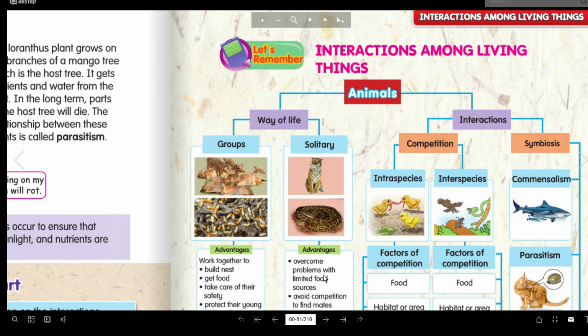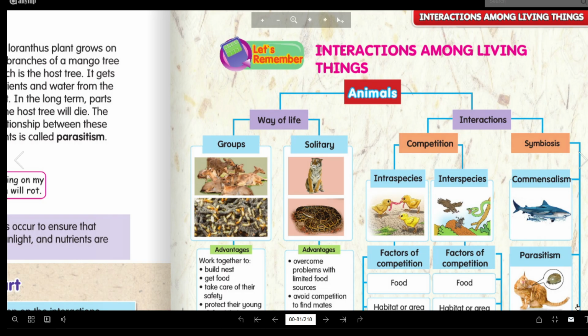So animals can live in groups, or they live alone. If they are in groups, they get more food. One part goes to get food, and one part takes care of the young.